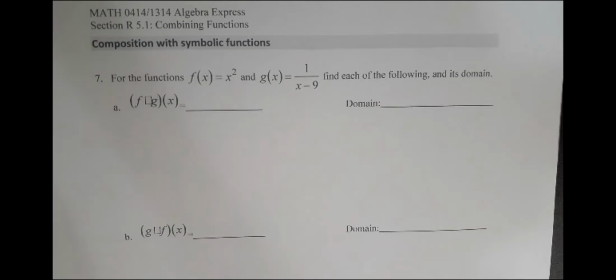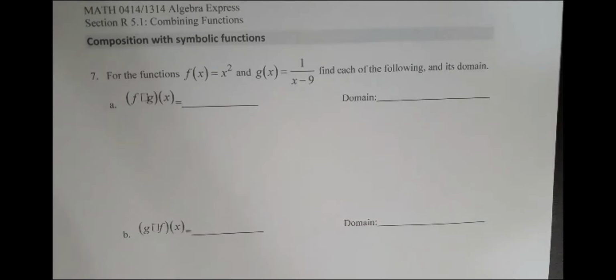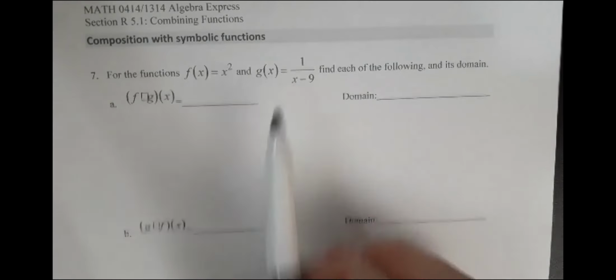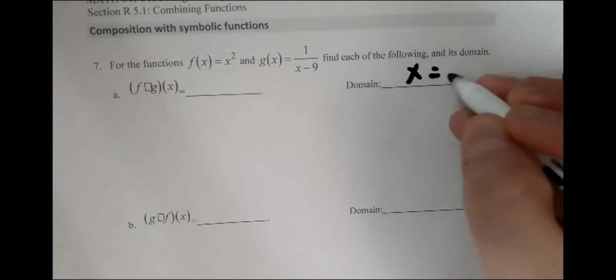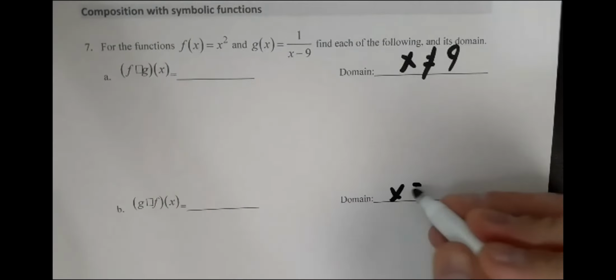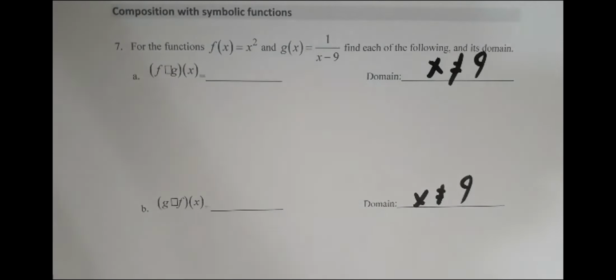Going right away at this domain, if we're composing these two functions, I know this has no domain restrictions. I know here my x cannot be 9. So x cannot be 9 is going to apply to both of these.